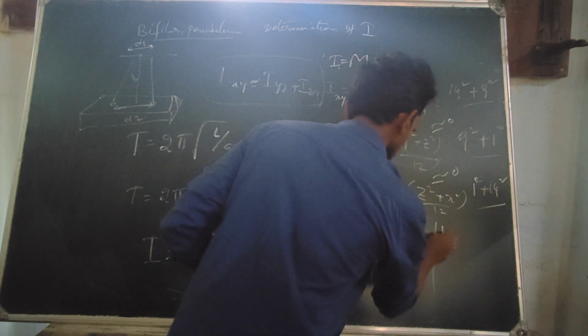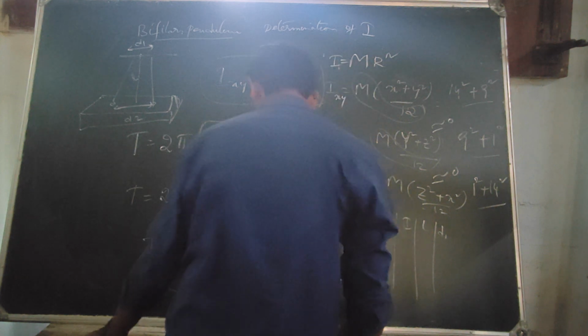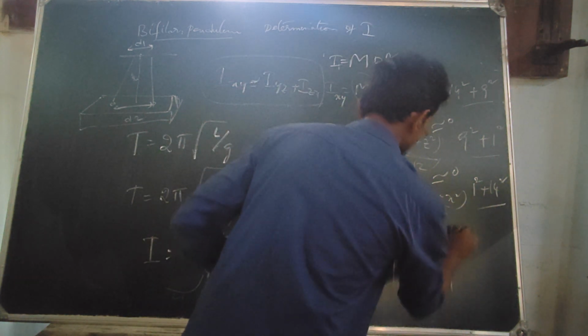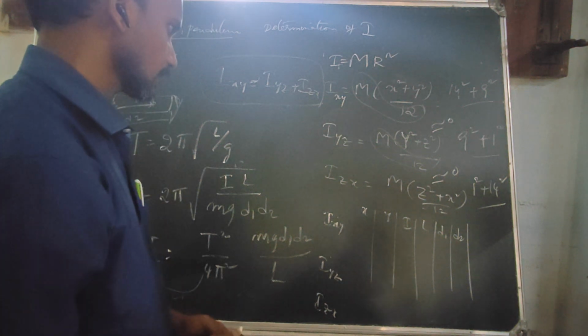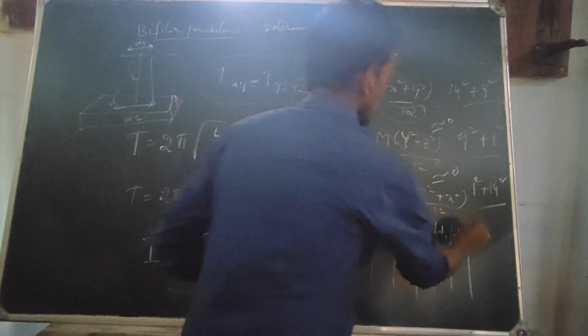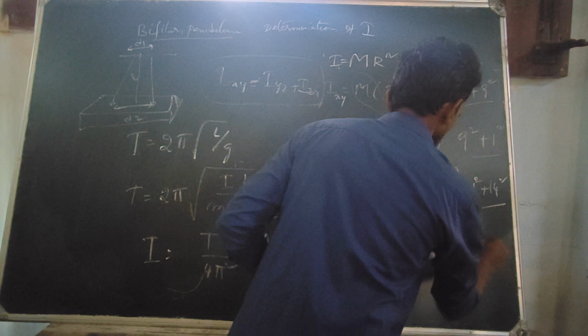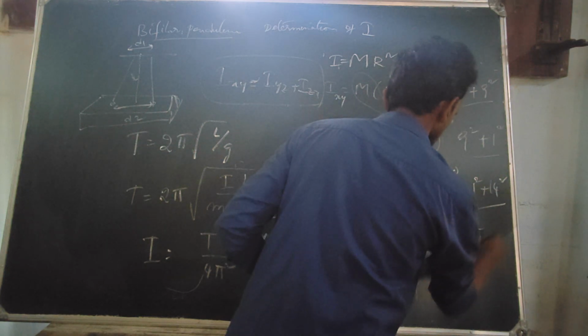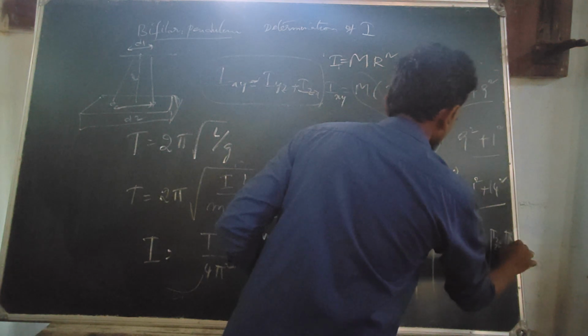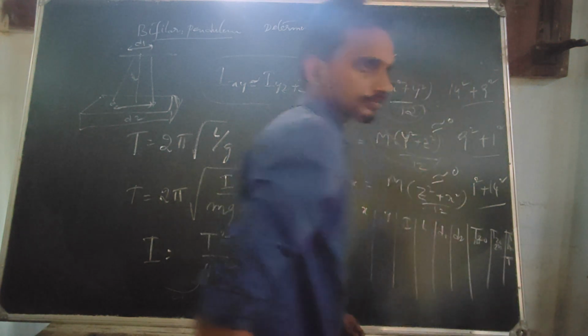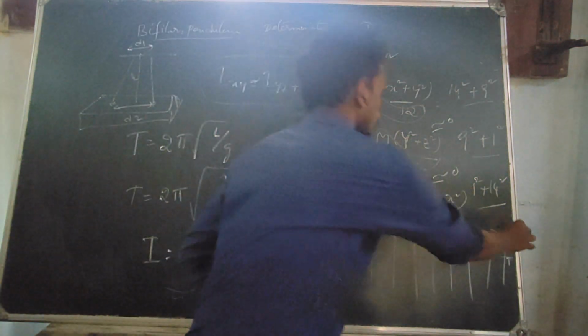L, D1, D2, then time period: T20 first time, T20 second time, T average and T. Then calculation of I.